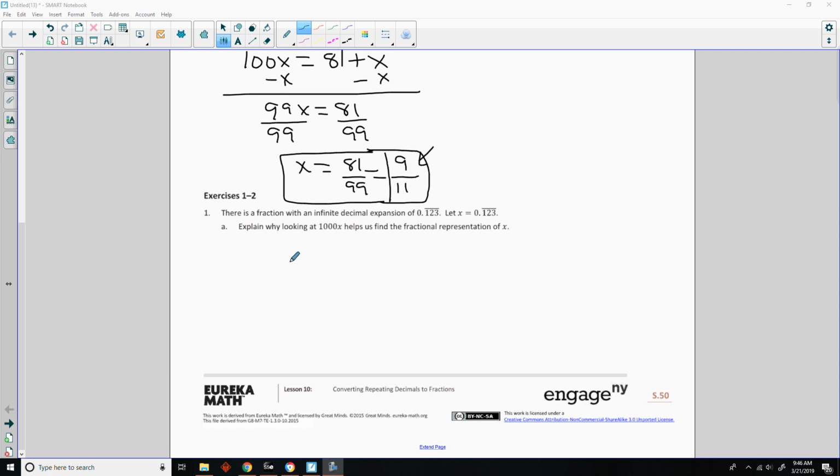So if x equals 0.123123 forever and ever, then 1000x moves the decimal 3 places to the right.